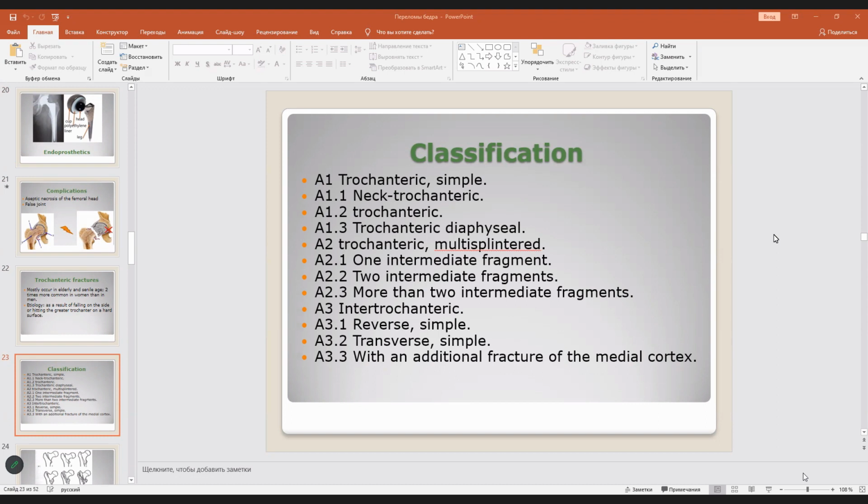A2.1, one intermediate fragment. A2.2, two intermediate fragments. A2.3, more than two intermediate fragments. A3, intertrochanteric.